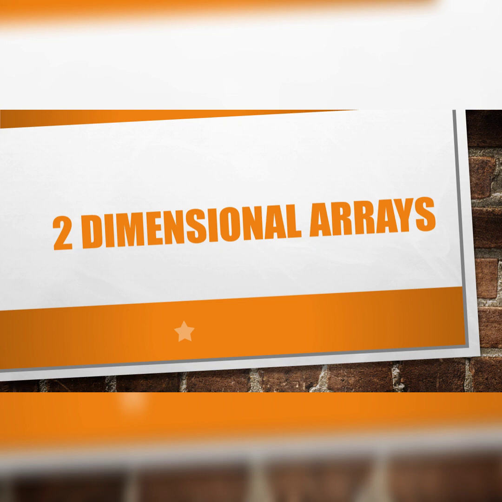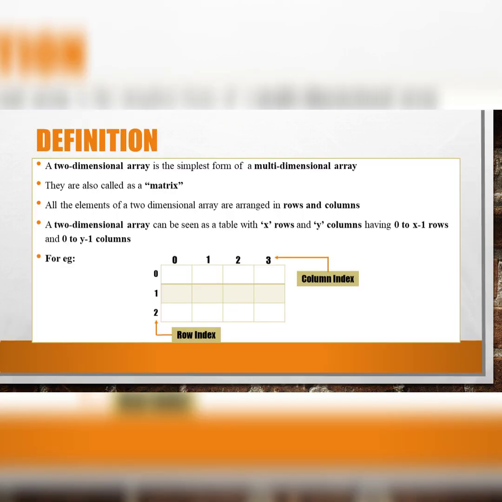Keeping the concept of multi-dimensional array in mind, let us now discuss the definition, declaration, initialization and memory representation of two-dimensional array. A two-dimensional array is considered the simplest form of multi-dimensional array.